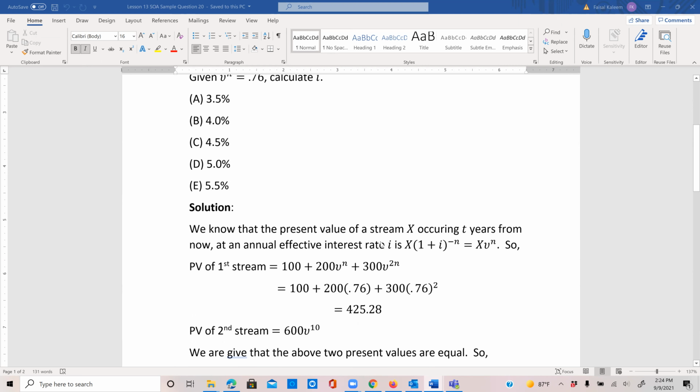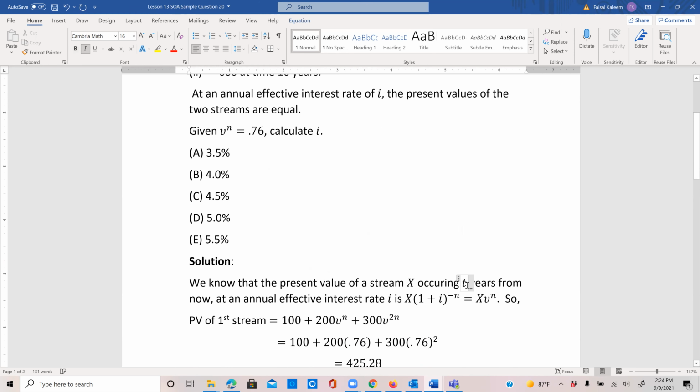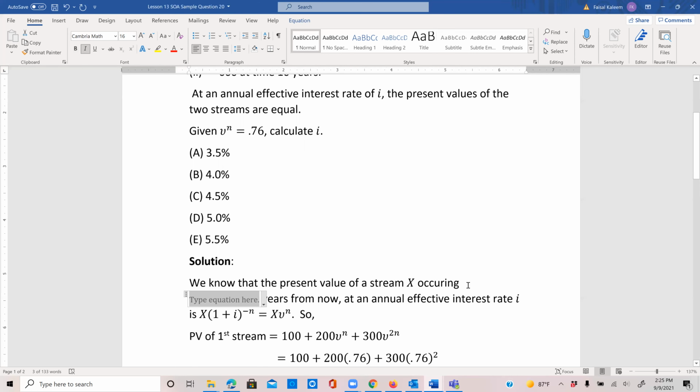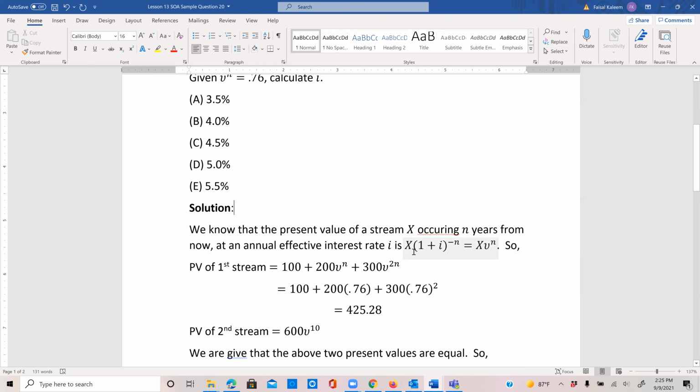We know that the present value of an amount x occurring n years from now at an annual effective interest rate of I will be x times (1 plus I) to the negative n. That's how you pull something back n years.